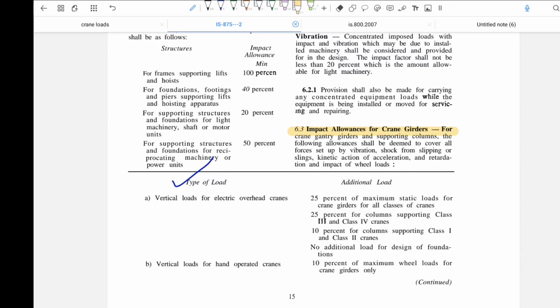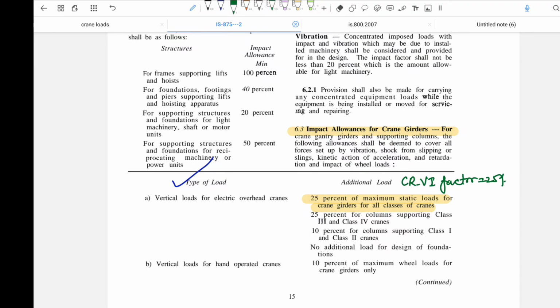For crane gantry girders and supporting columns, the following allowances shall be deemed to recover all the forces set up by vibration, shock from slipping or slings, kinetic energy action or acceleration. So this is 25% of maximum static loads for crane girders for all classes of cranes. So we have to consider 25%. What is this value? This is nothing but CRVI factor, 25%.